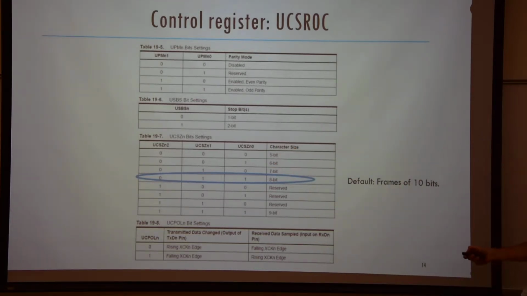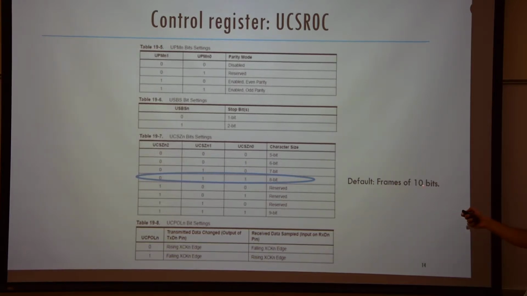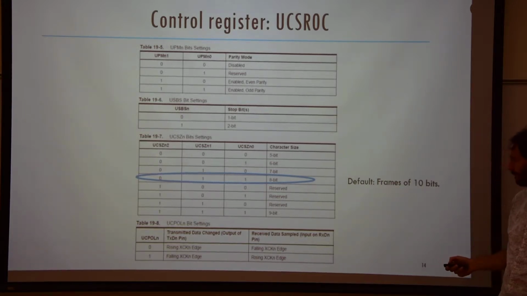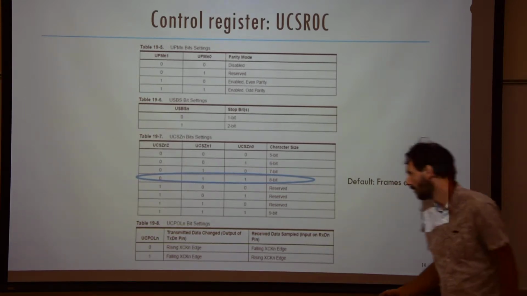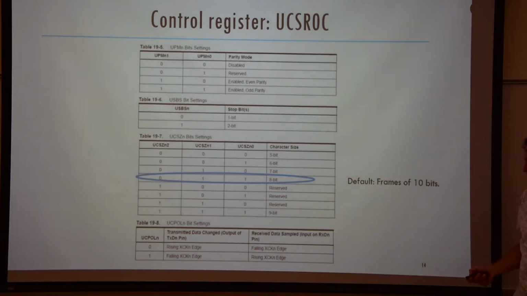So in other words, the default frame setting, if you use an 8-bit character size, will be 10 bits: the 8 data bits plus a start bit plus a stop bit. And this table, you can look at it too, is related to how you synchronize the 2 clocks at the receiving and transmit end.